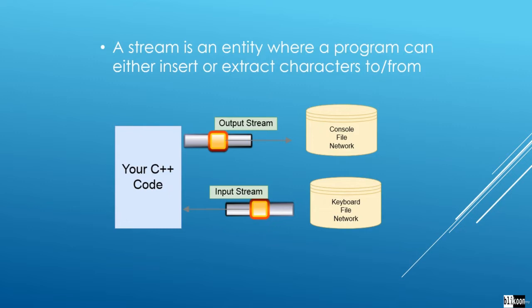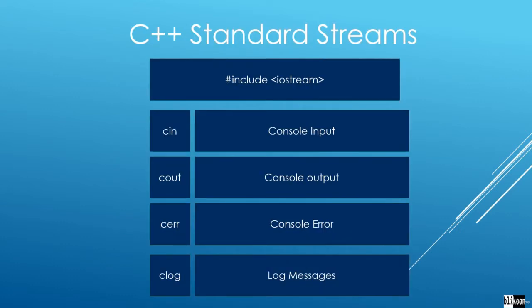Now that you know this, I'd like to look at some of the streams that you already have available in C++ and that we can use. We have cin, which is used to read things from the console. We're going to use this. We have cout, which is used to write things out to the console. You've already seen this.